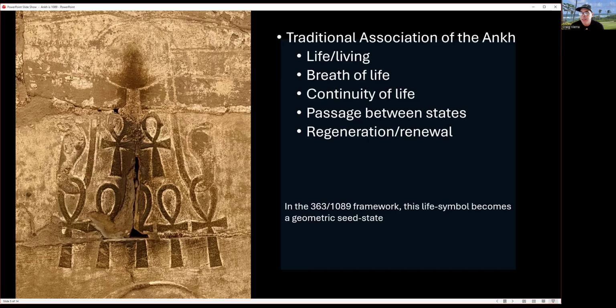Traditionally in Egypt, if you read through a lot of the documents, historians have described the Ankh as a symbol that represents life, living, the breath of life, continuity of life, the passage between states, regeneration, renewal. And in the 363 1089 framework, this life symbol becomes a geometric seed.